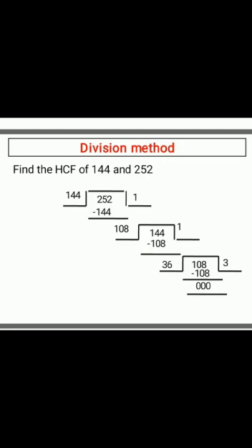So you are going to divide the previous divisor by the remainder in the division and you will continue like this till the remainder is 0. So the divisor in the division in which the remainder is 0 is the HCF of the given numbers. So which is the HCF here of 144 and 252? 36 is the HCF of 144 and 252.